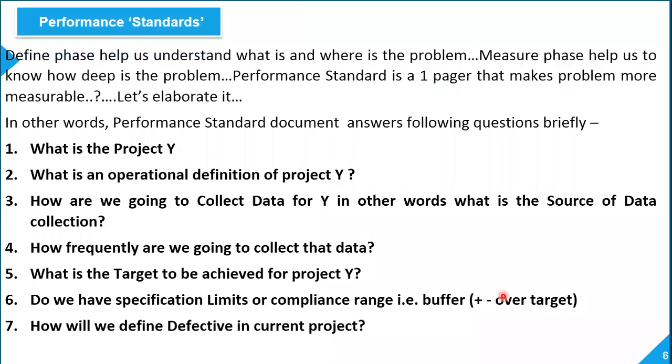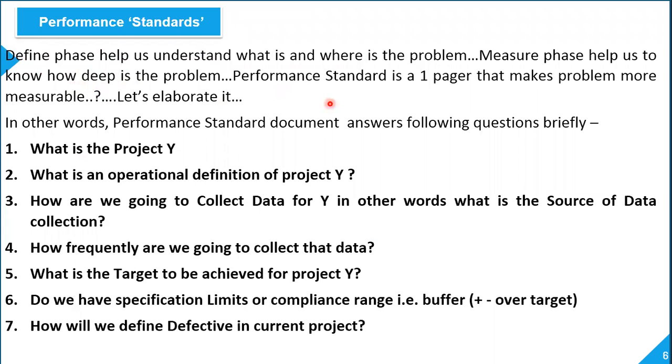Right, performance standard is a document, which we are going to look into now. But prior to that, let's go to the introductory aspects. So define phase helps us understand what is and where is the problem. Measure phase helps us to know how deep is the problem.